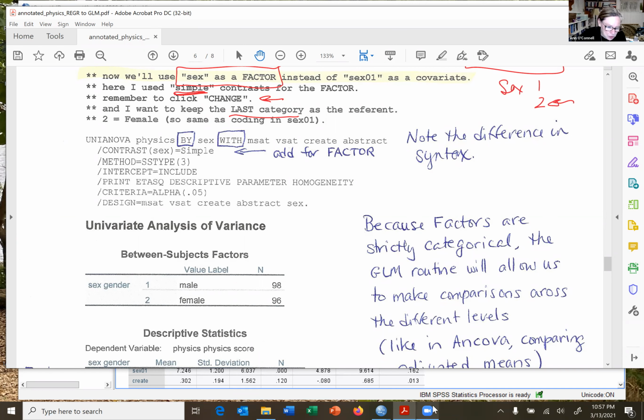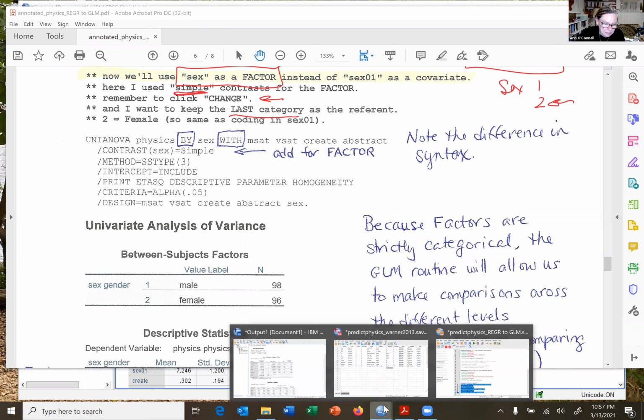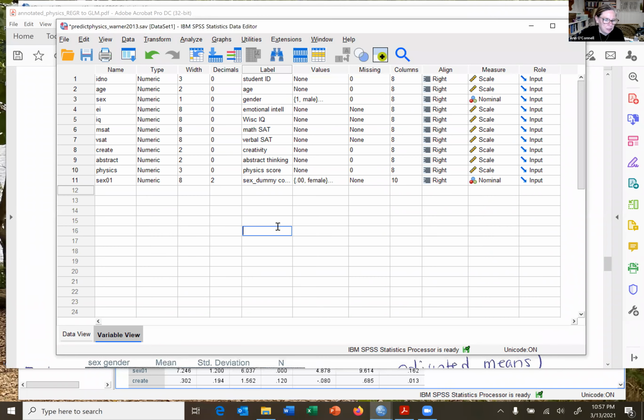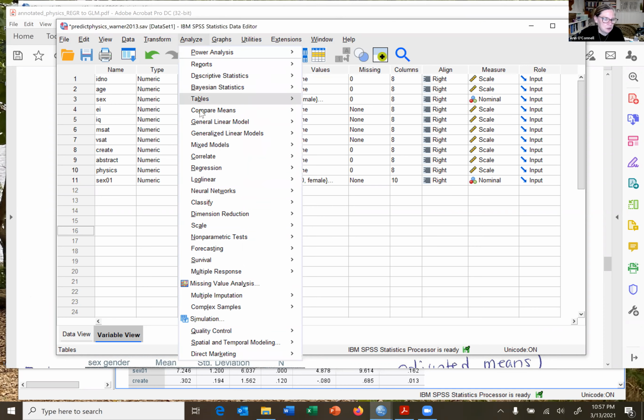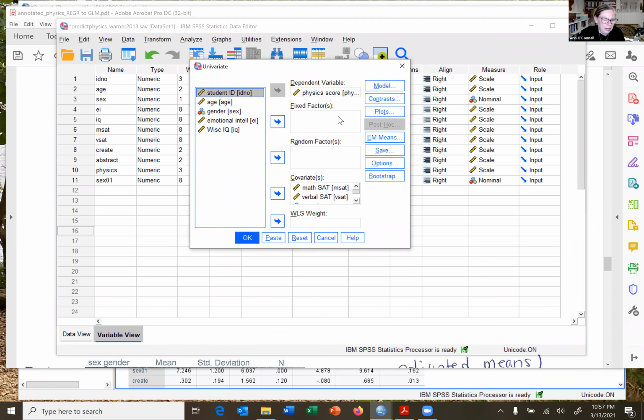So I'm going to go back to SPSS, to our data, and we're going to go to our GLM window again. So general linear model, univariate, and I'm going to reset this so that I can set it up with sex as a factor instead of a covariate.